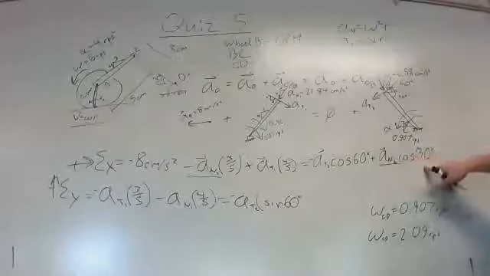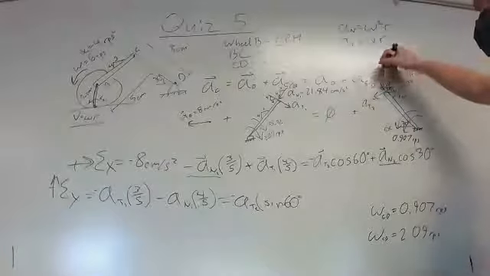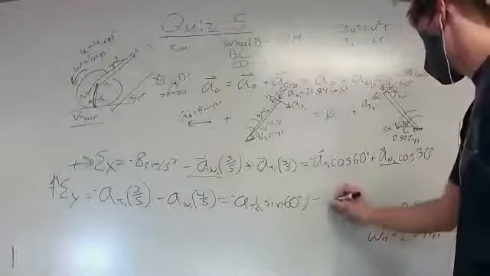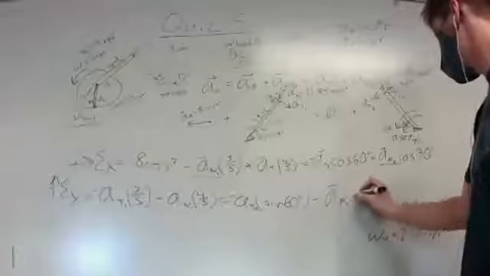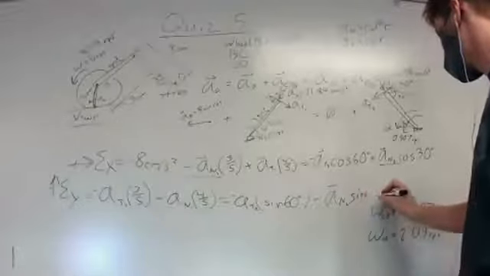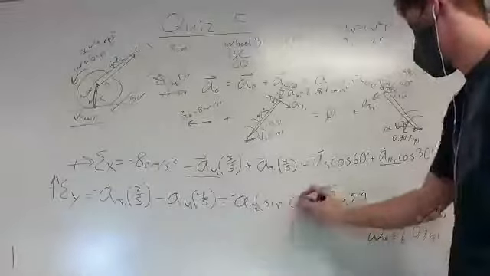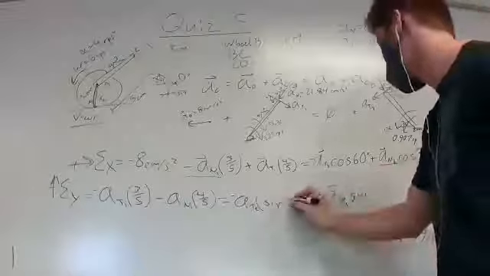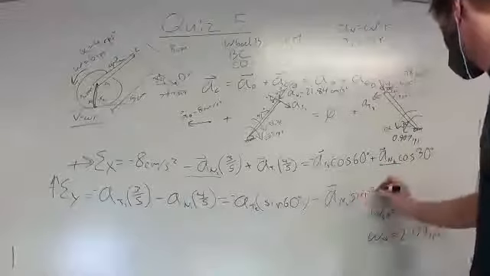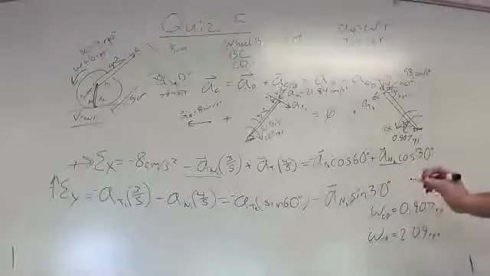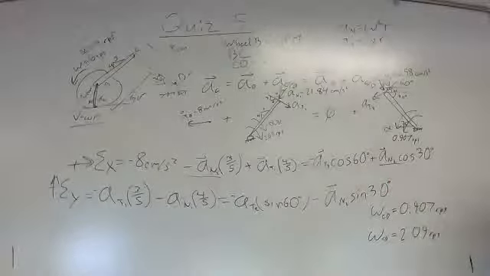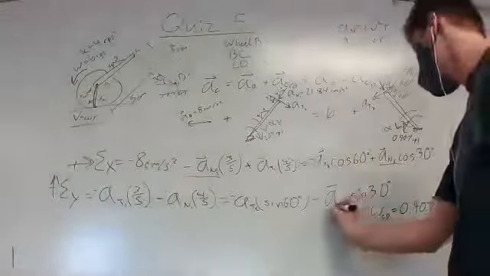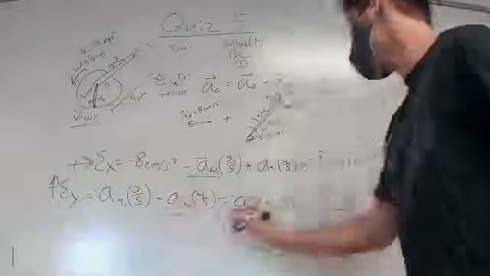One for AN2, and being right here and 30 degrees being here. And yes, so this would be your entire Y equation.